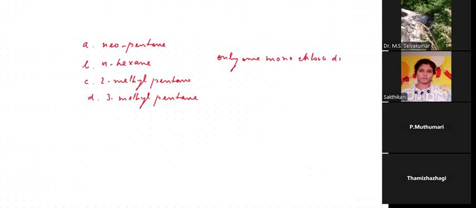Which one among them will give you only one monochloro derivative? First, you have to write the structural formula. Neopentane is this. N-hexane, it is a straight chain compound.